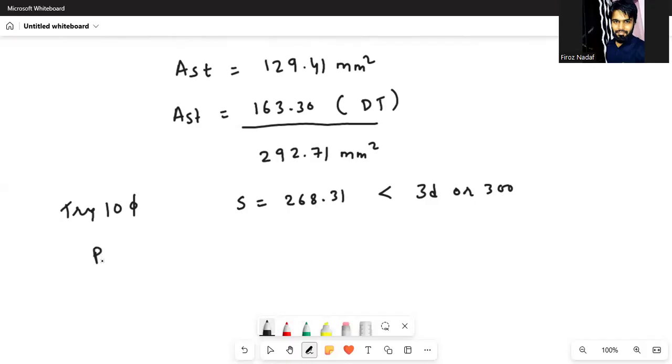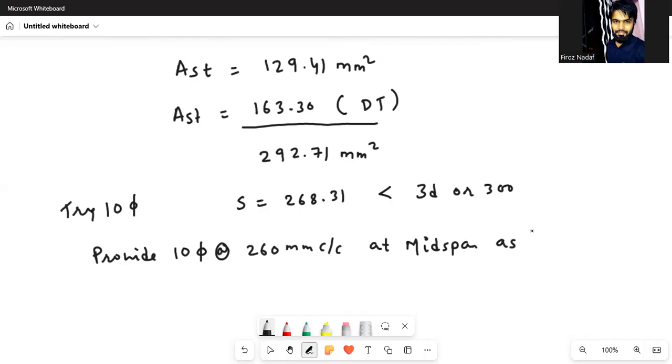Okay, provide 10 mm diameter bar at the rate 260 mm center to center at midspan as horizontal reinforcement.